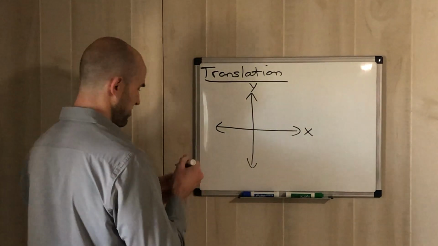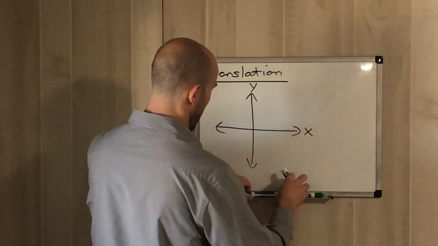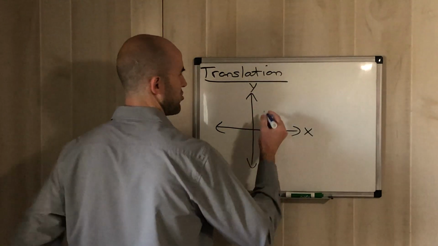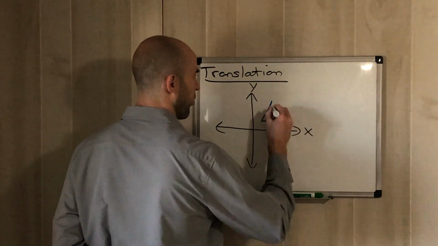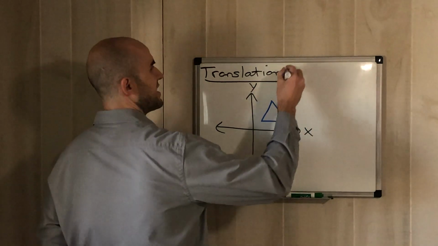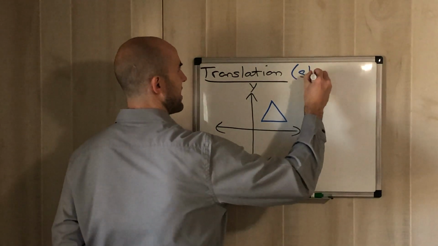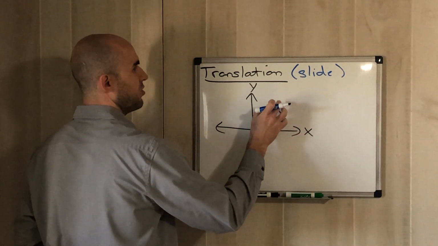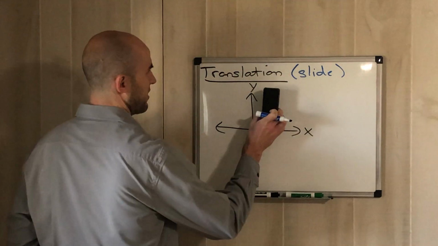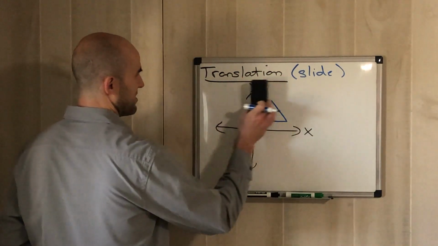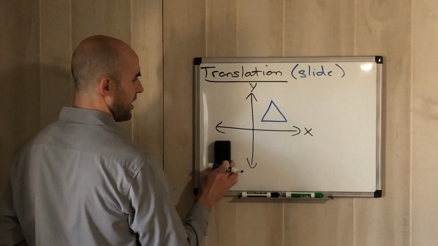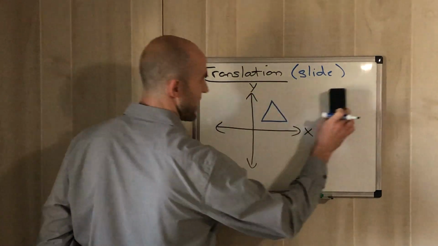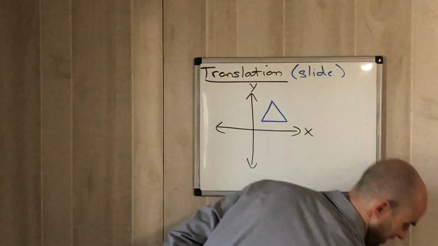Let's say that you have, I'll just draw a triangle just because it's the easiest figure to work with. All the translation is, again, it's just a slide. So imagine having this triangle here. All you're going to do is literally slide it around, right? It doesn't turn around, all of that. You literally just take it, slide it around. That's all the translation is.